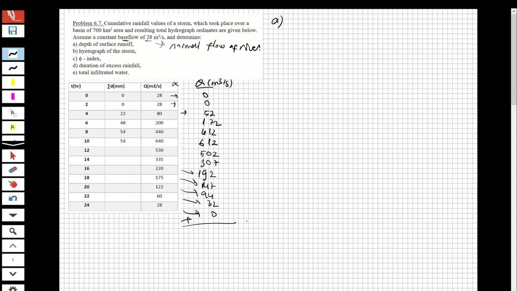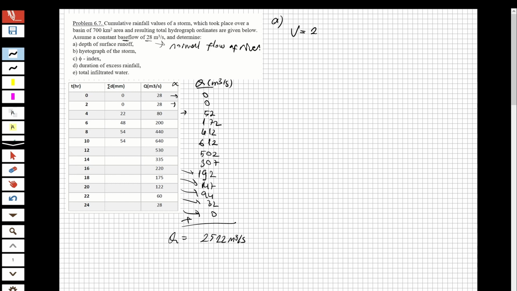Now we take the summation of all discharges, and we obtain Q equal to 22 meter cubic per second. Now that we have the discharge, we are going to obtain the volume from it, and then determine the depth of surface runoff. So what's going to be the volume?